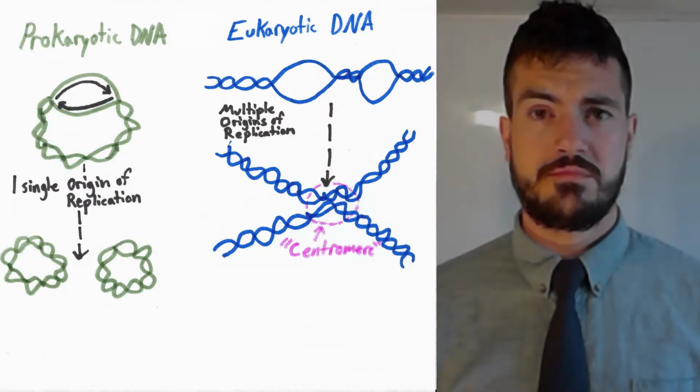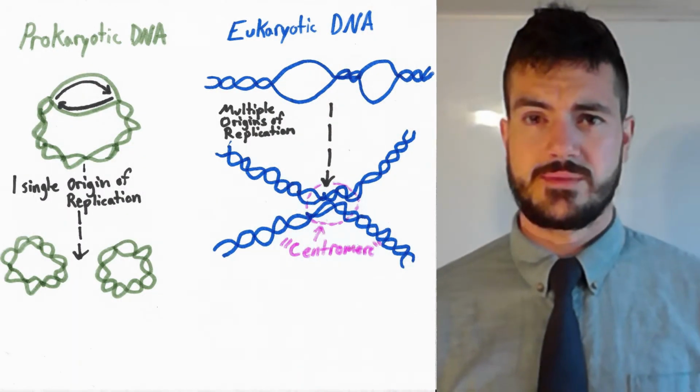So, first thing to keep in mind is that DNA replication is way different in eukaryotes, in humans or animal cells, than it is with prokaryotes, which are the bacterial organisms.